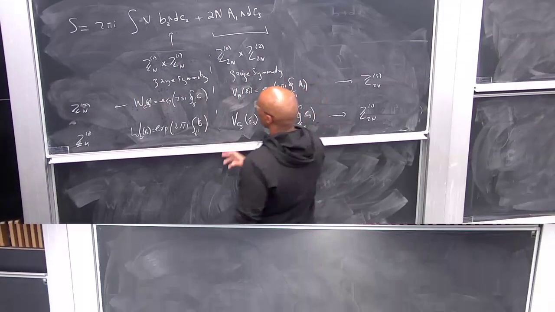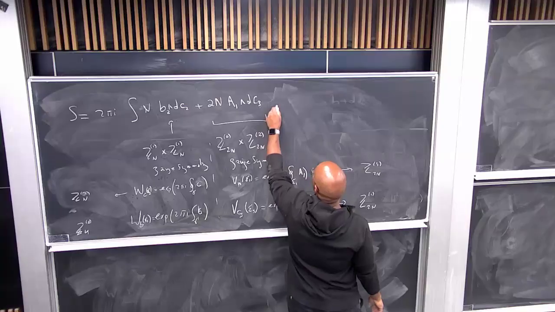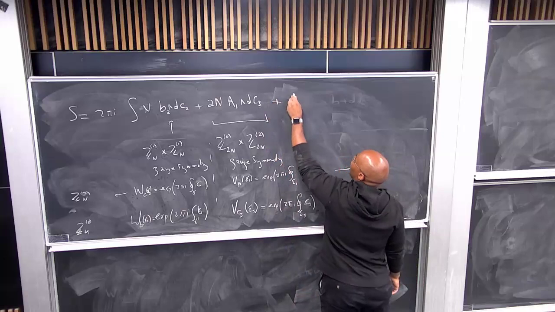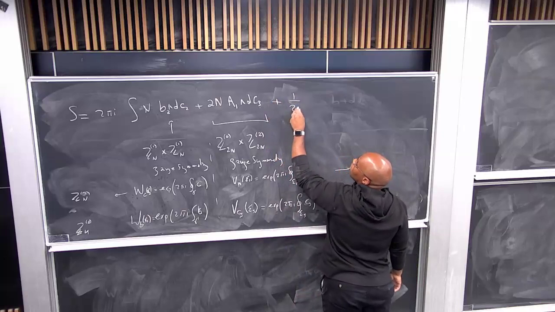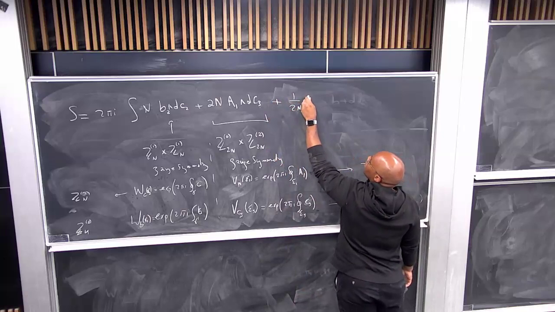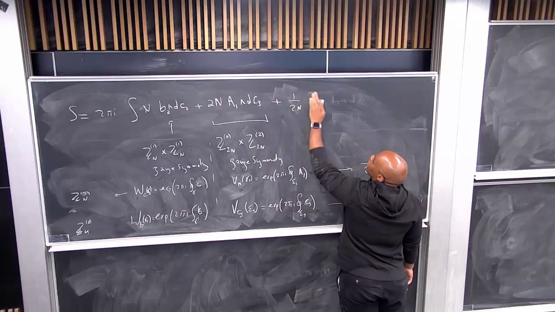From the point of view of this action, I can add an interaction term, which I'm going to write as 1 over 2n times, in this way.